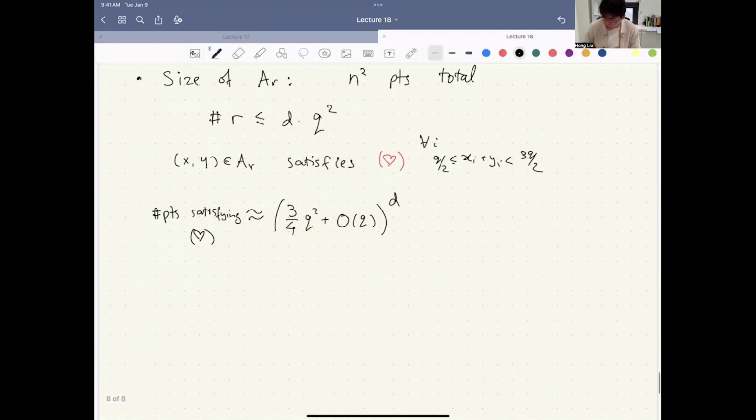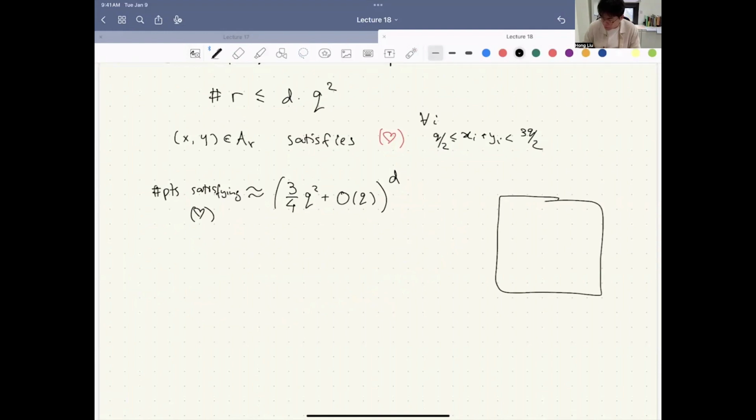Why? Let's draw some picture. For each i, we have d coordinates. For each coordinate, if this is xi, this is yi, they must live in this strip where their sum is between 2q/2 and 3q/2.